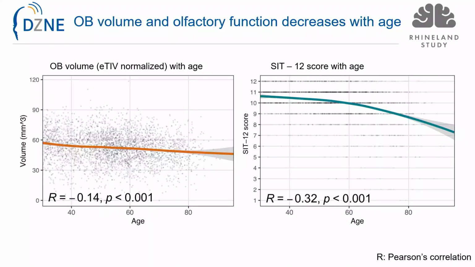So to better evaluate the olfactory bulb volume and olfactory function across the adult lifespan, we have this result. On the left, we can see that the olfactory bulb volume is slightly but steadily decreased with age, as is the odor identification ability.